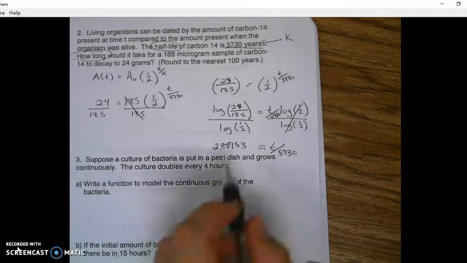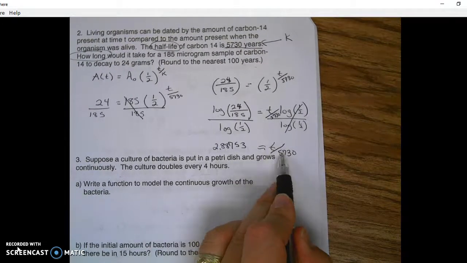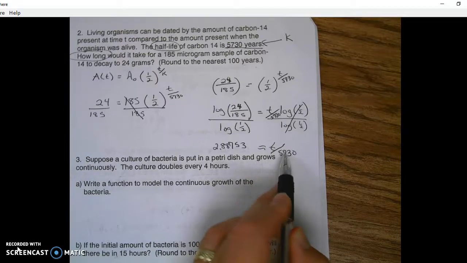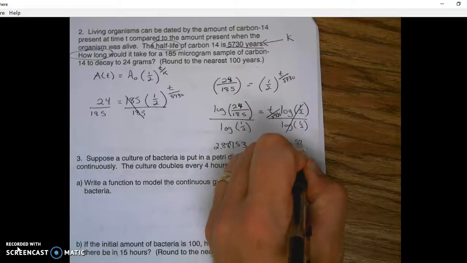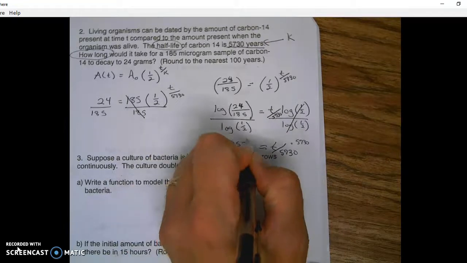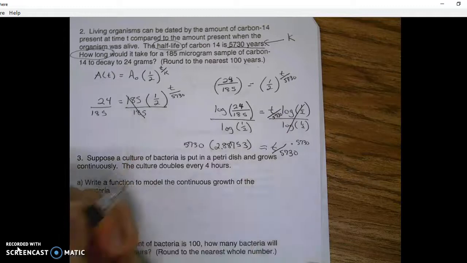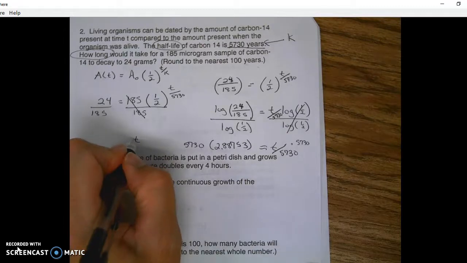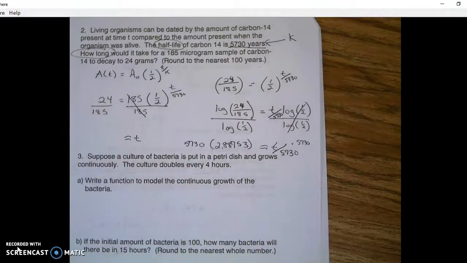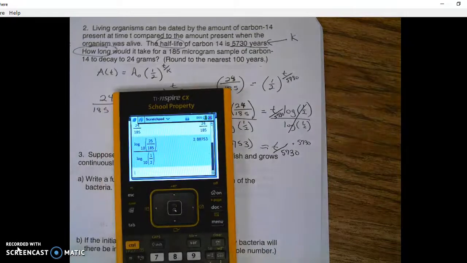Now we want to solve for t, so we have to undo division. We undo division with multiplication. So we multiply both sides by 5730. And so t, now we can multiply that answer times 5730.